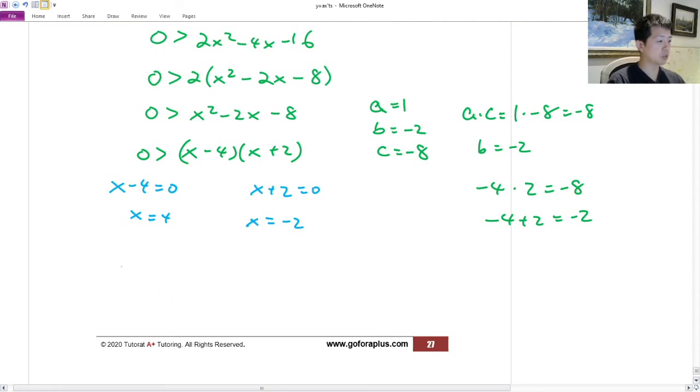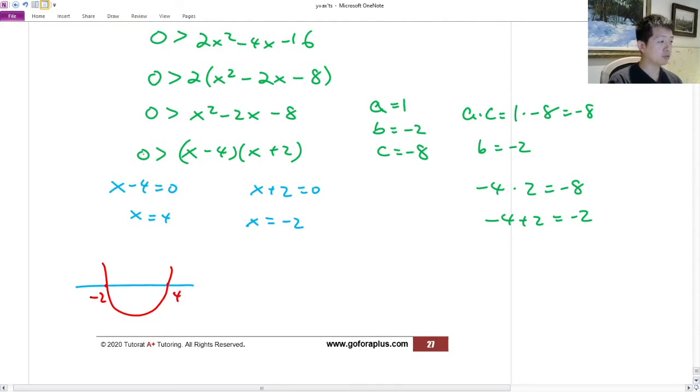I don't even need to draw the Cartesian plane. I just need to draw the horizontal line and put my function that is positive, because my a here is 1, right? It's positive. So I have an opening upward graph, and my zeros are minus 2 and 4.